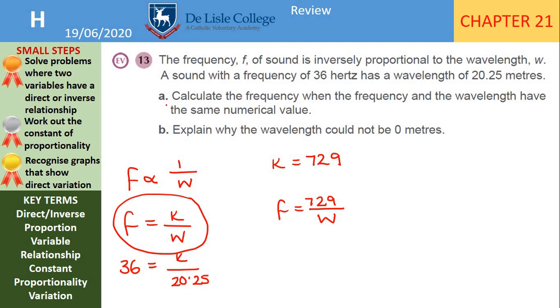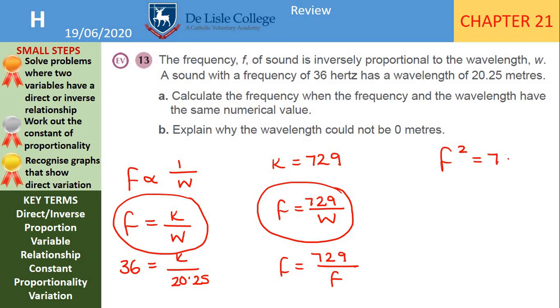Now we can use this for part A, calculate the frequency when the frequency and the wavelength have the same numerical value. Now that's like the do now question we looked at. I want these to have the same value, so let's just write that f is equal to 729 divided by f. I'm making these the same. To solve this, if I multiply up by f, f times f is f squared.